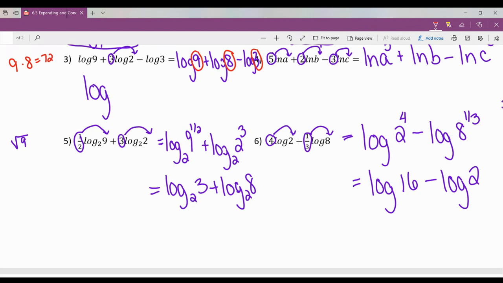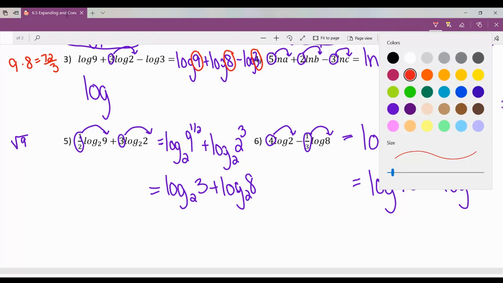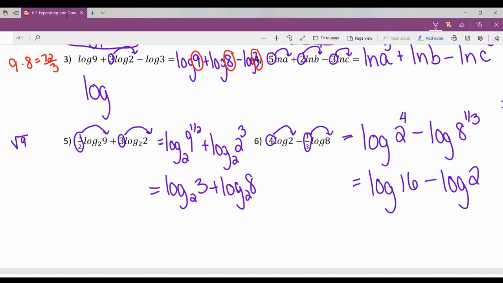And then I'm doing minus, which means divided by 3. So we do 9 times 8 divided by 3. Okay, so we've got 72 divided by 3. So that is 24. So log of 24. Final answer.